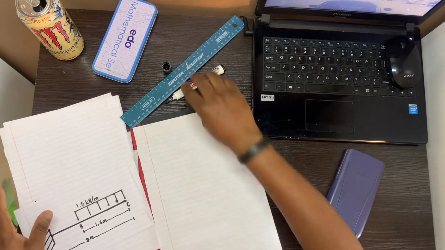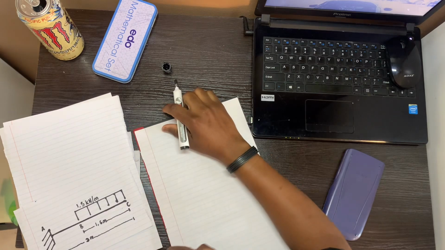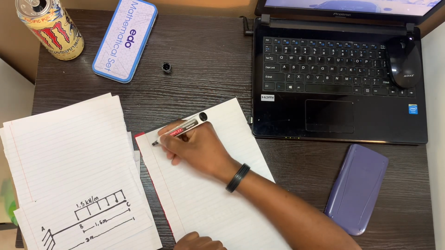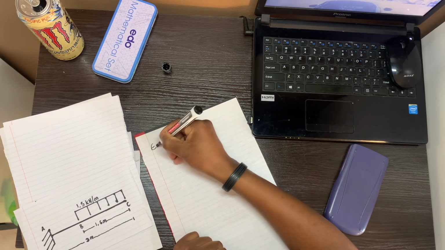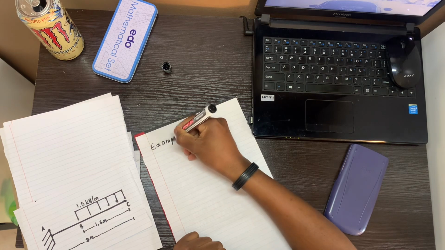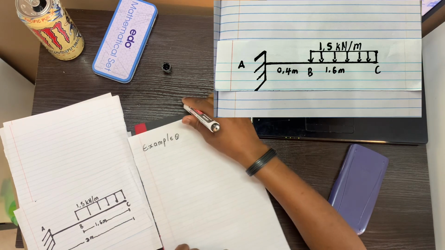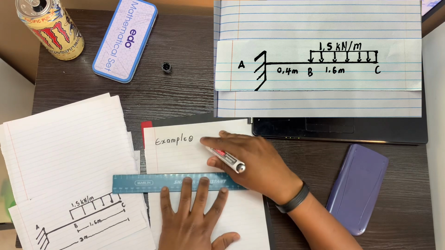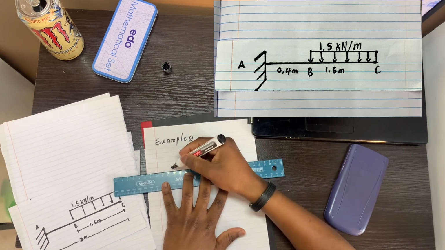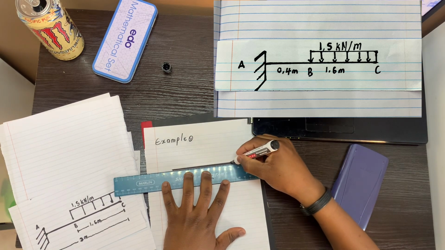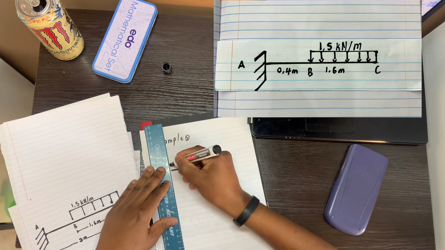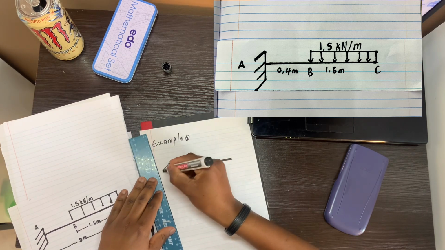So here is going to be my first question, example number 1, right? We have a beam, and it's fixed here.